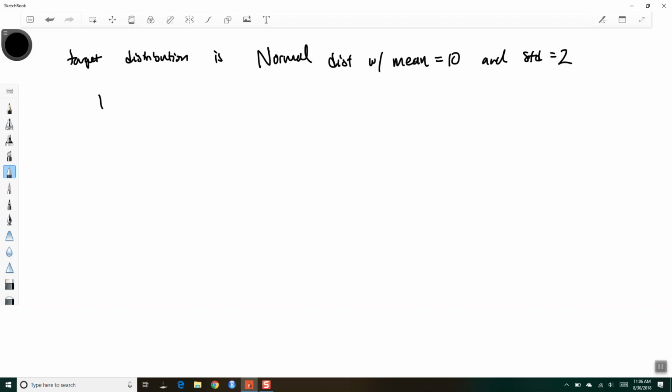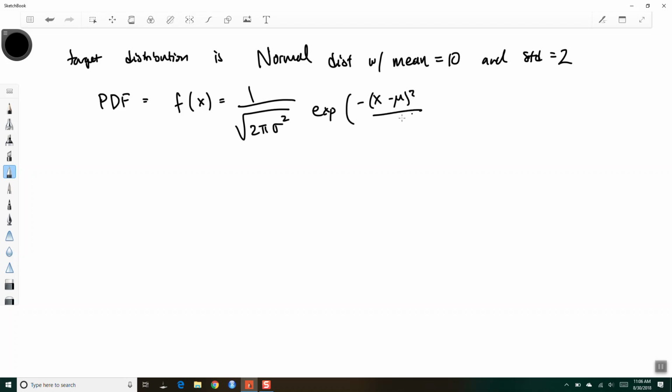All right, so our PDF is going to be f of x equals 1 over root 2 pi sigma squared, e to the negative x minus mu squared over 2 sigma squared.